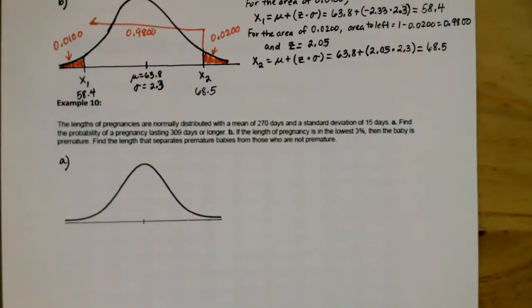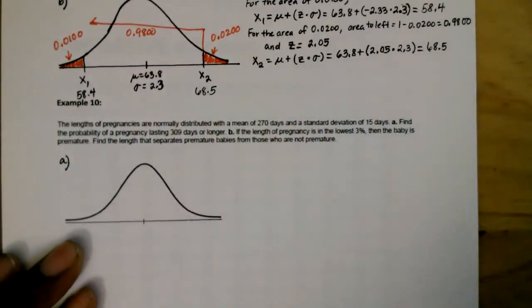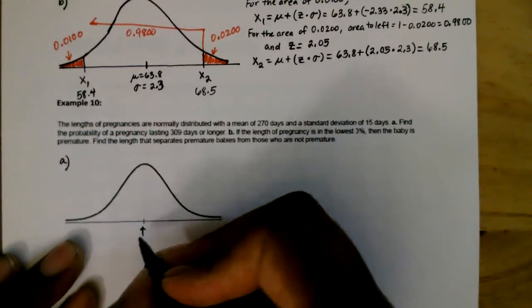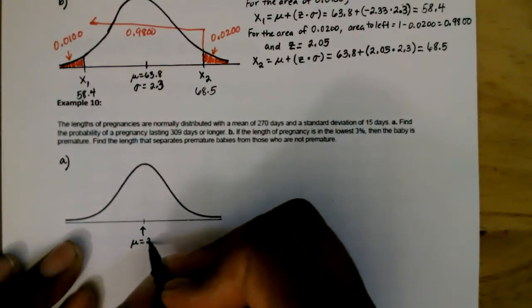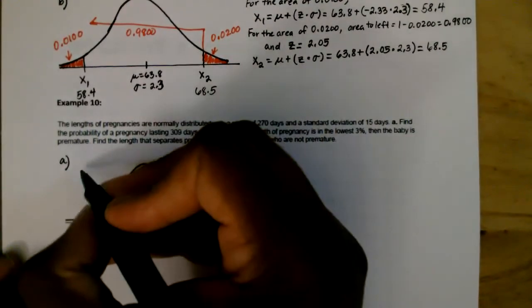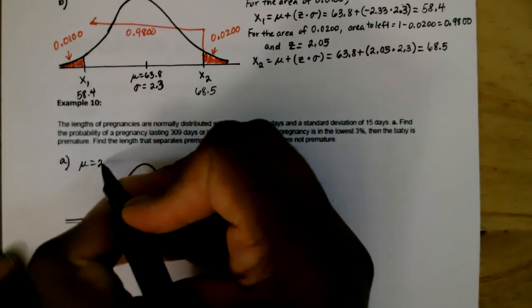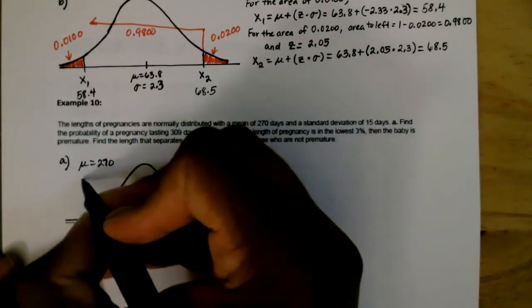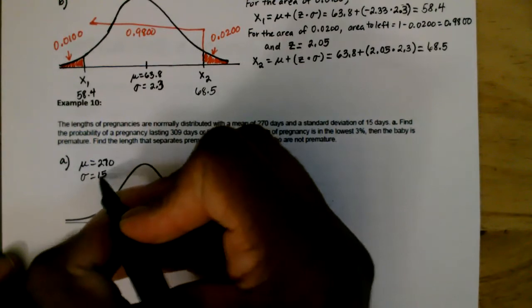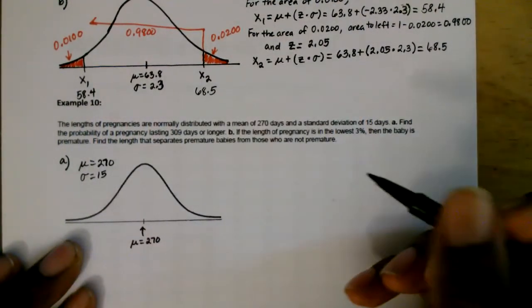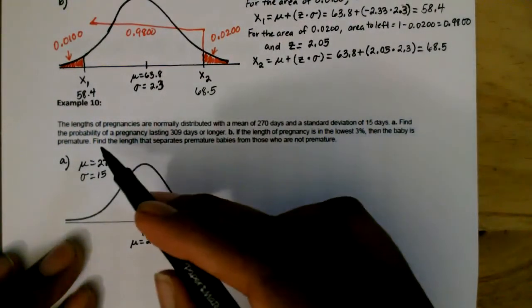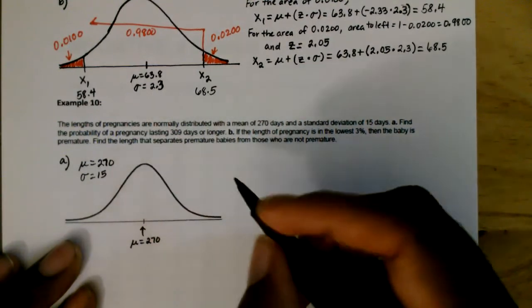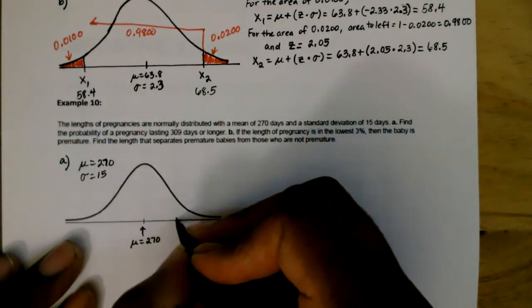The mean is 270 and the standard deviation is 15. So 270 is your mu, the standard deviation is 15. Let's see, we're trying to find the probability of a pregnancy lasting 309 days.